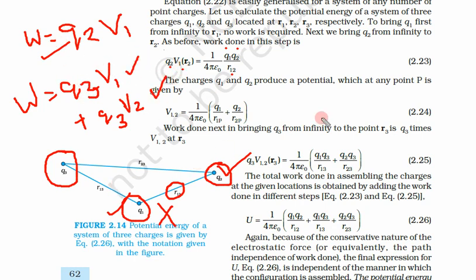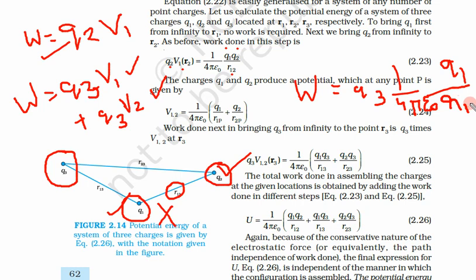So let us calculate what is q3 v1. q3 v1 is equal to 1 upon 4 pi epsilon naught into q1, because of charge 1, v1 upon the distance between 3 and 1, r13, plus q3 v2, 1 upon 4 pi epsilon naught.